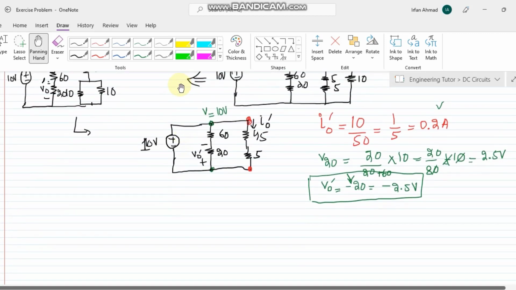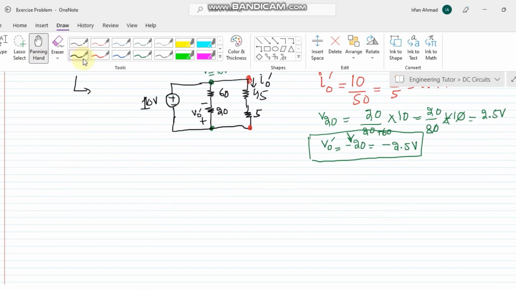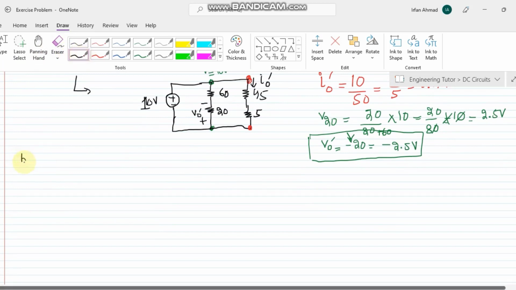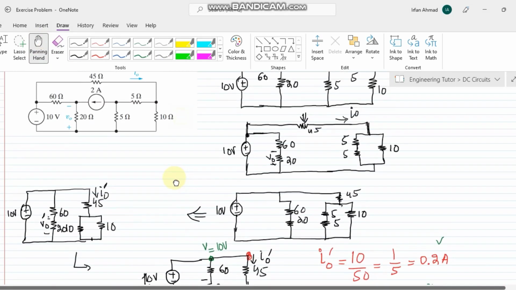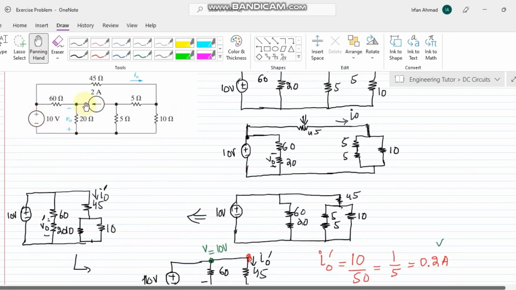So in considering the current source, the circuit I have will be like, here we will have a short circuit and this current source will act as the prime power source here.